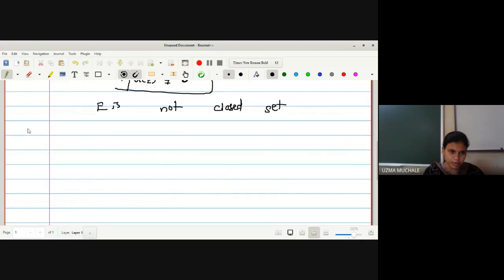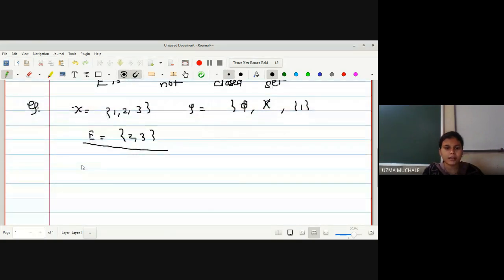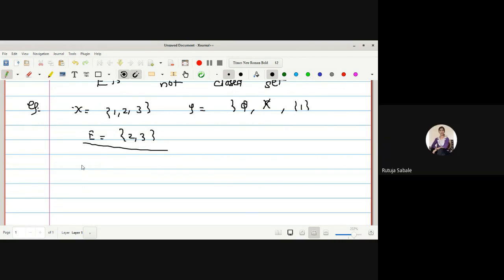Now let us go for one more example. The example: X is equal to {1, 2, 3}, tau is equal to {phi, X, {1}}, and E is equal to {2, 3}. Have you checked what the derived set of this set is? Yes, ma'am.